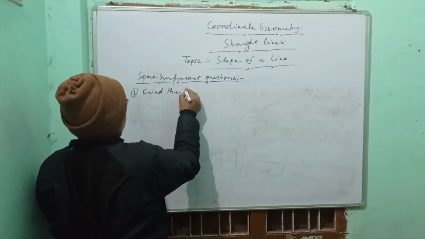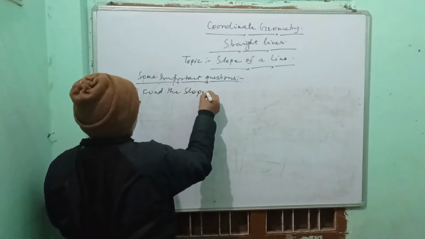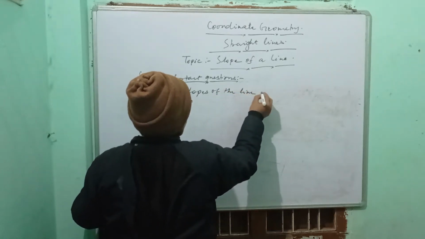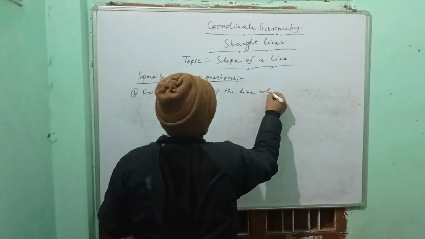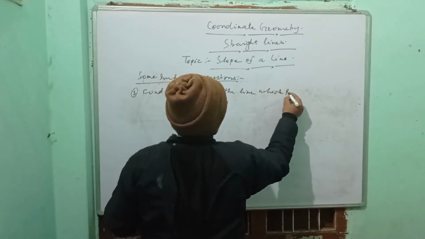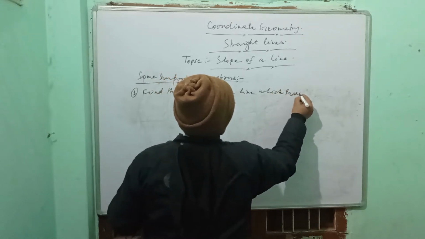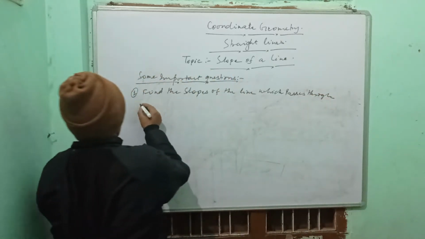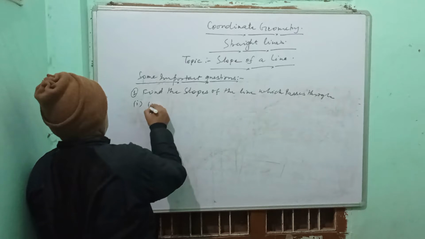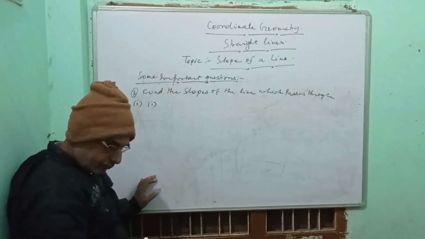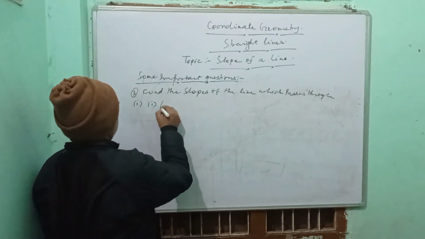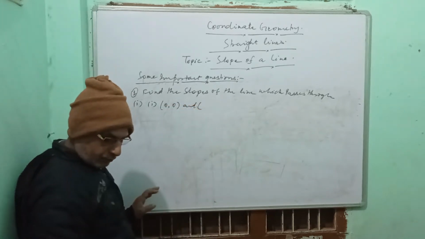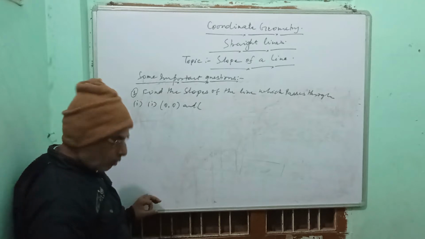Find the slopes of the line which passes through 0, 0 and 4, -2.